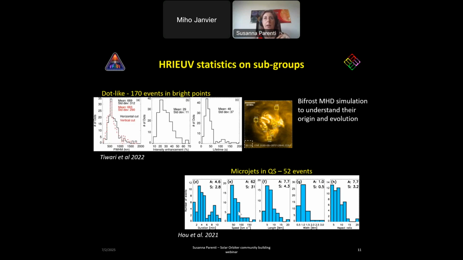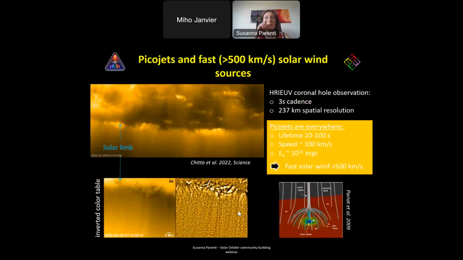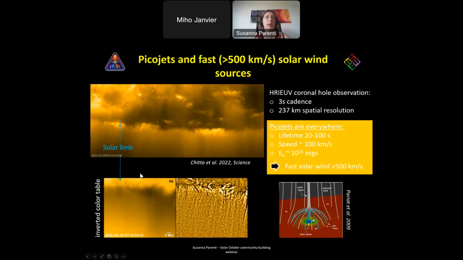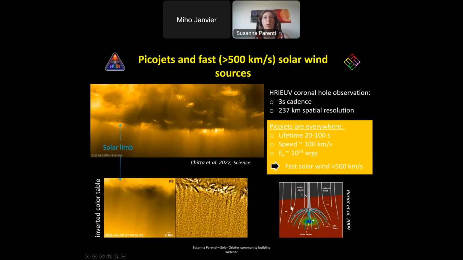So I think this is just to give you an idea of what people are doing with this data. And I also show an example from coronal holes. This is Pradeep Chitta, who analyzed these picojets. When you zoom in, you see all these dome-like features with a spine, magnetic features, where there is lots of flow going off from here.